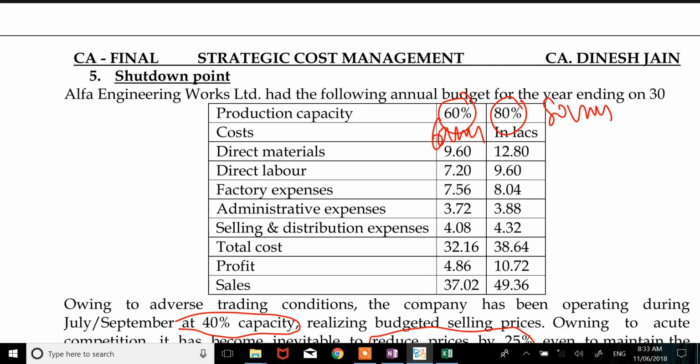Now write semi-variable cost, as neither per unit nor total cost remains same.